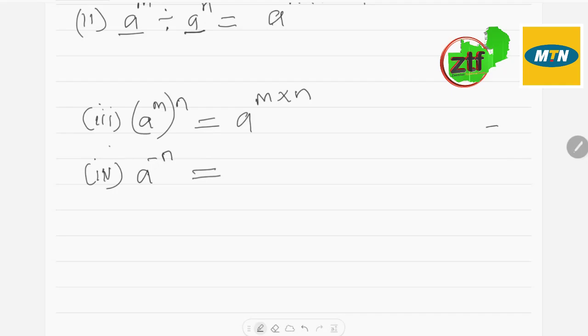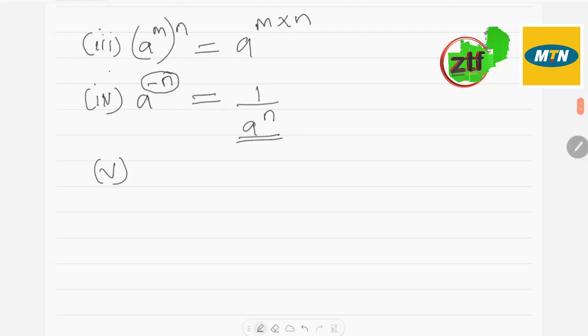In order for us to have this exponent be positive, we are going to say 1 over a to the power n, and then once we do that, the index becomes positive.